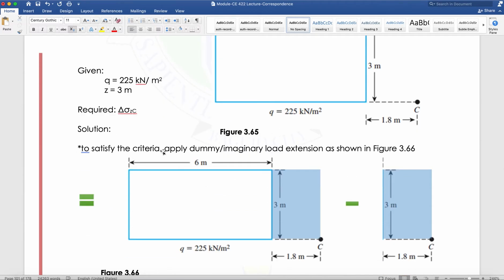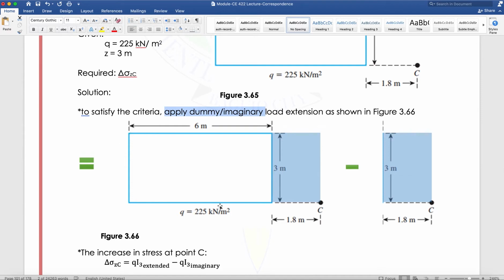So, to satisfy the criteria, apply dummy or imaginary load. I repeat, we are going to apply dummy or imaginary load extension as shown. So, here, it is equivalent to the big rectangle minus the rectangle of the small, or the imaginary rather.